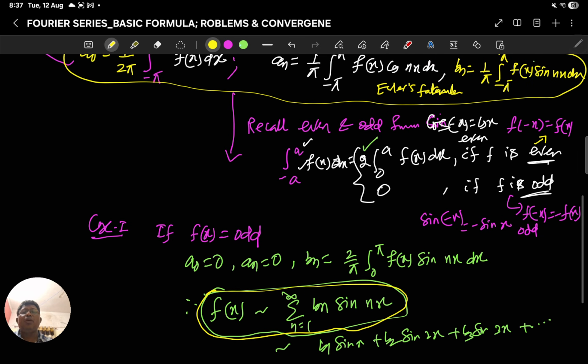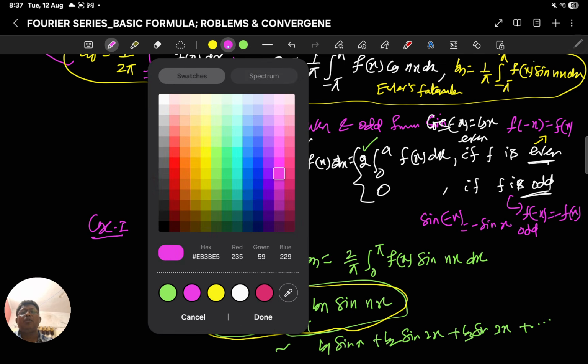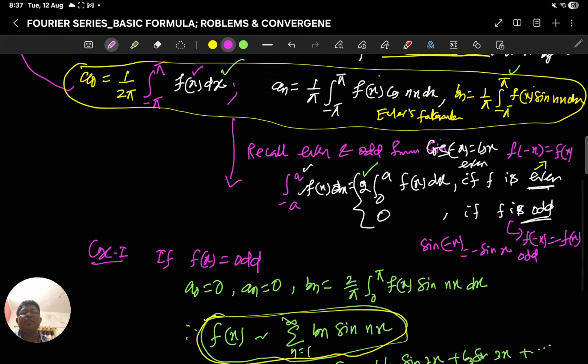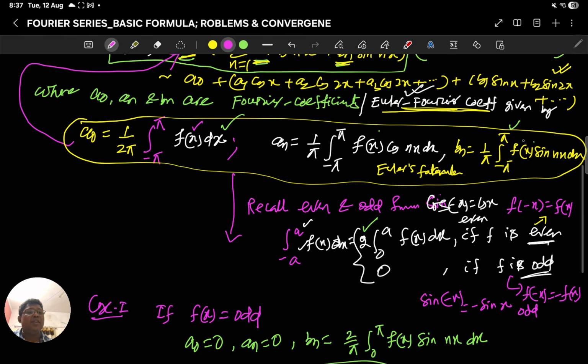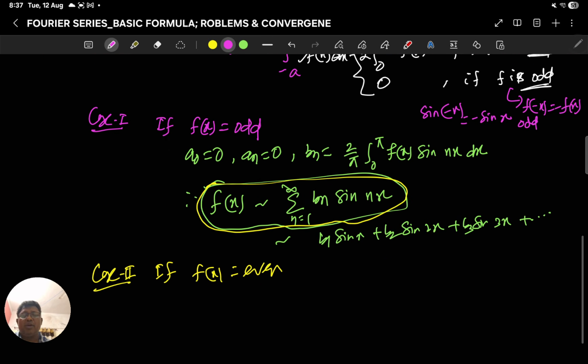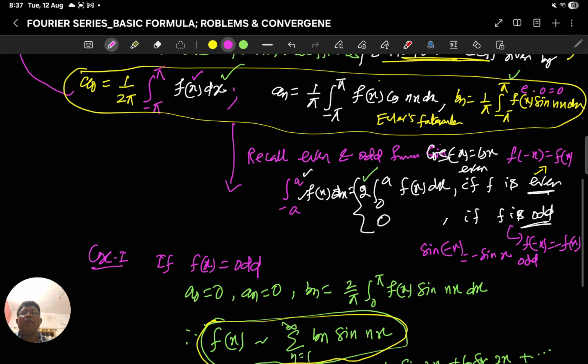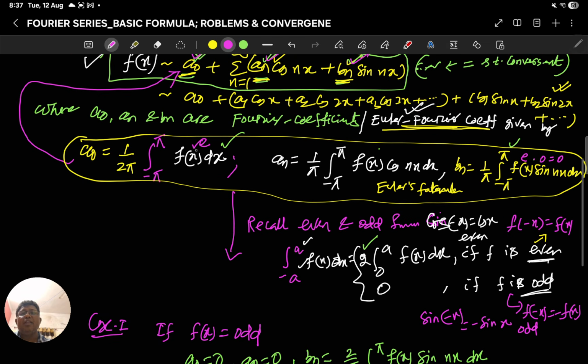Once f is even and sine is odd, even into odd is odd, so bn will be 0, right? And once it is even, this becomes 2 into 0 to pi.